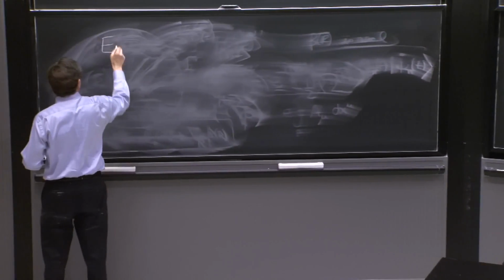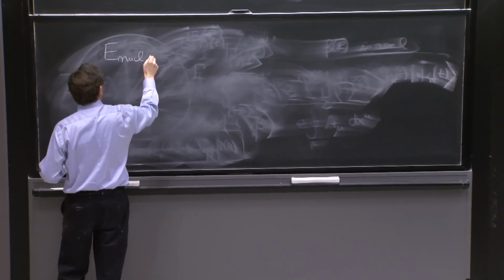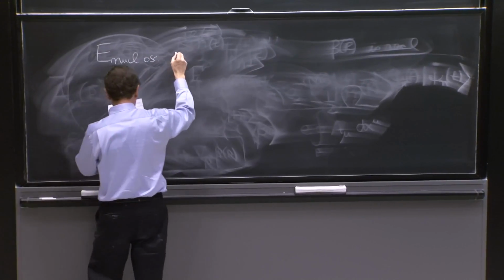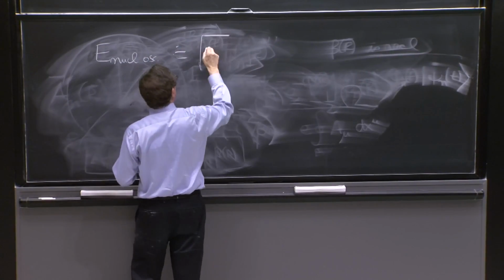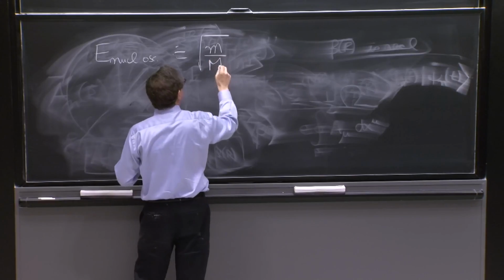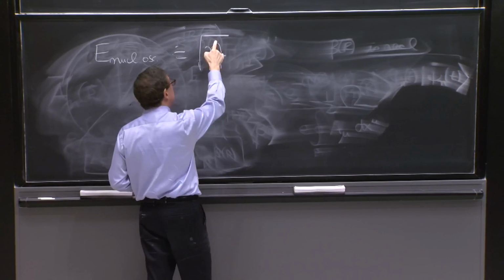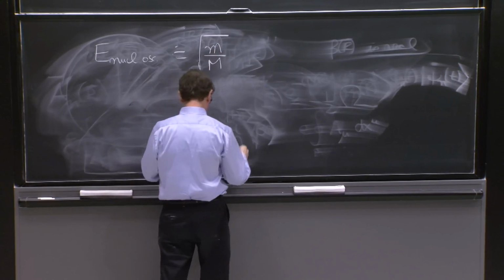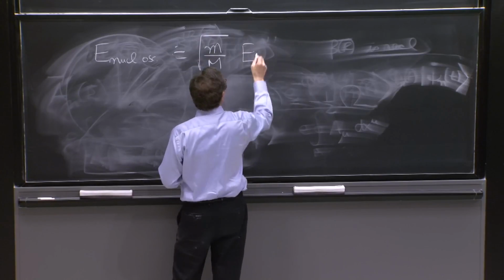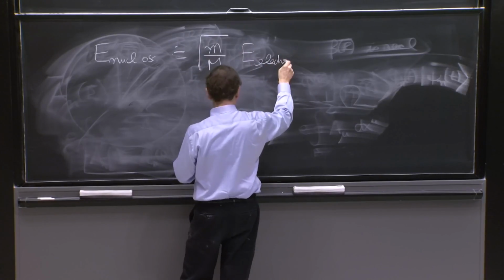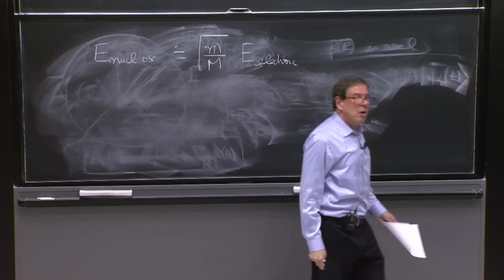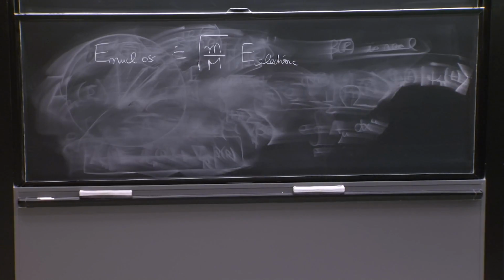So E nuclear oscillations go like square root of m over M, and m over M is 10 to the minus 4. We say the square root is 10 to the minus 2 times E electronic. So it's considerably less, which is this.